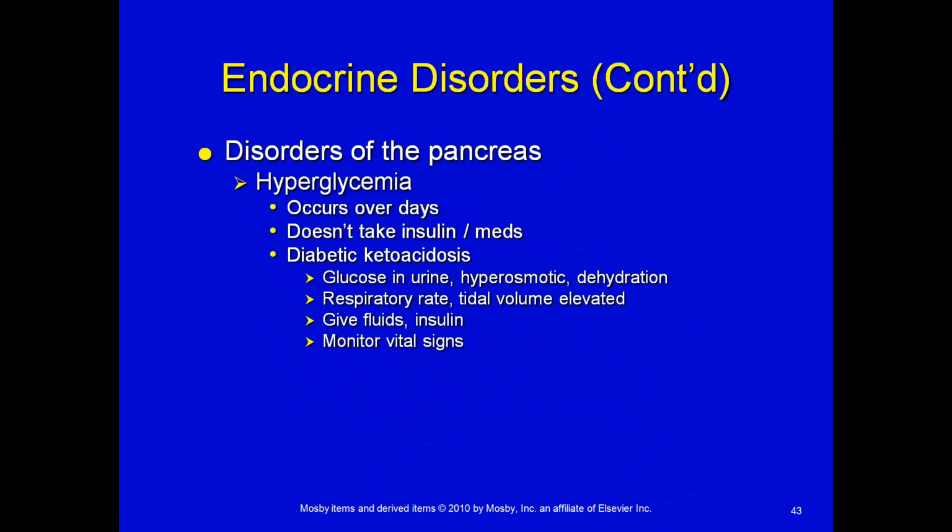Diabetic ketoacidosis is diagnosed when we have sugar in the urine, when we can identify a hyperosmotic state. When a person is hyperosmotic, they're going to be getting rid of water, which leads to dehydration. In an effort to eliminate the acids in the blood, patients with diabetic ketoacidosis will be creating lots of CO2 in their bloodstream.